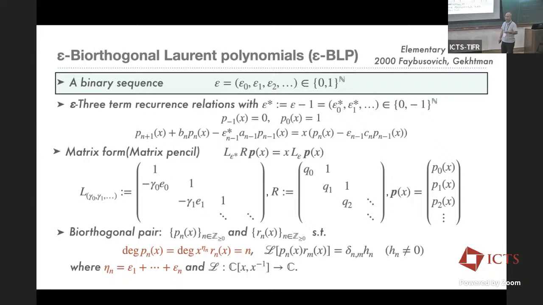Then I will show you the corresponding box-and-ball system. Of course, in this case it is a bit more complicated than the Laurent polynomial. I'd like to explain what happened in this case. Okay, maybe time has come. Thank you so much.